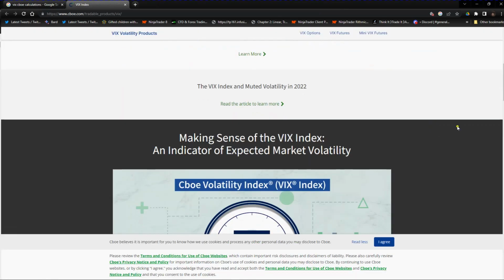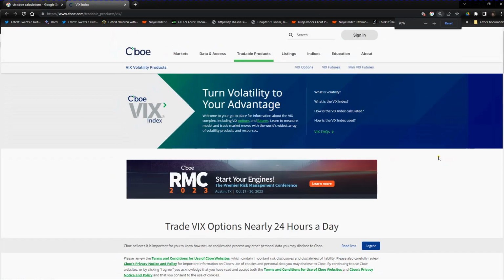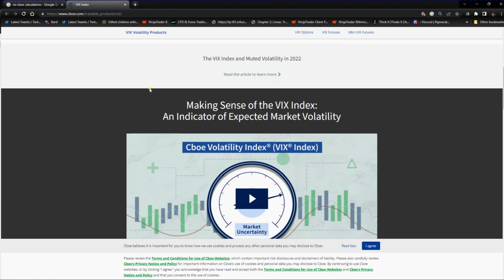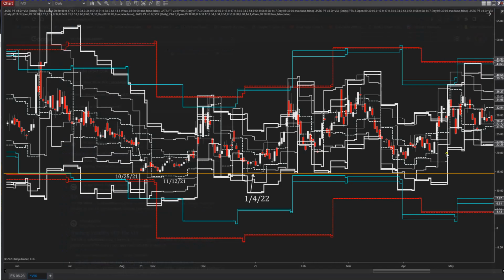Yeah. This. So you can come to their website and find it. It is designed to take calculations no less than 23 days and no more than 37 days.